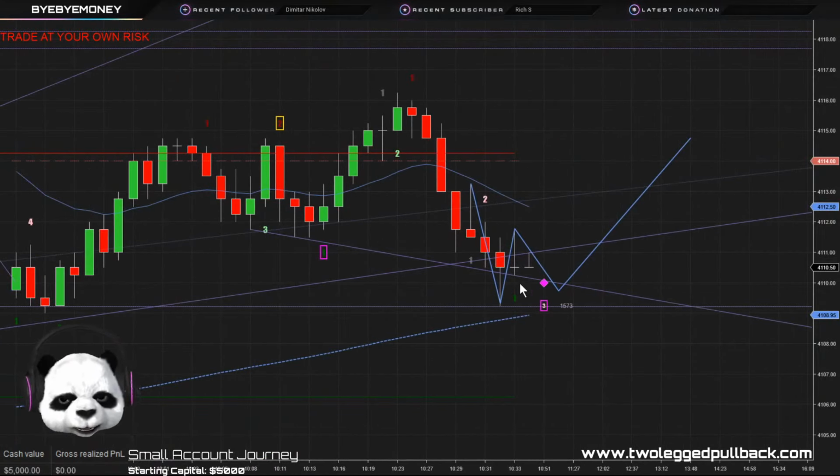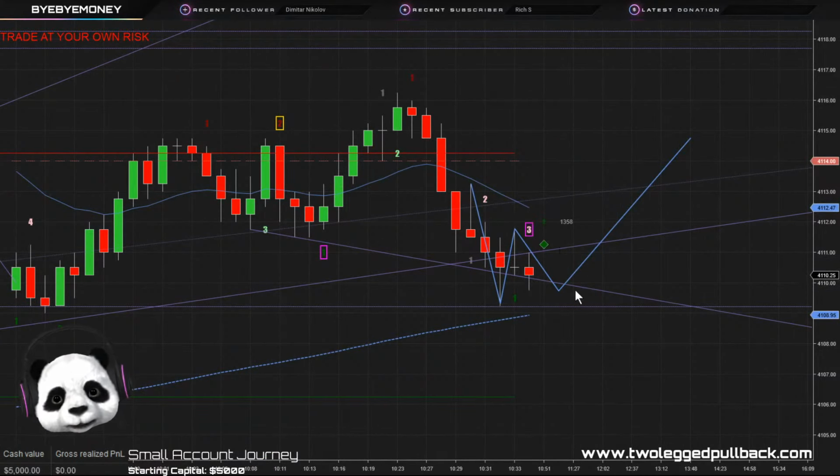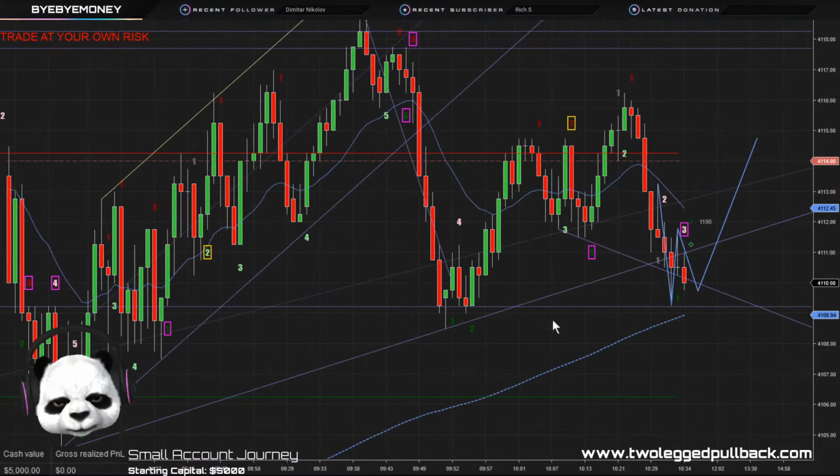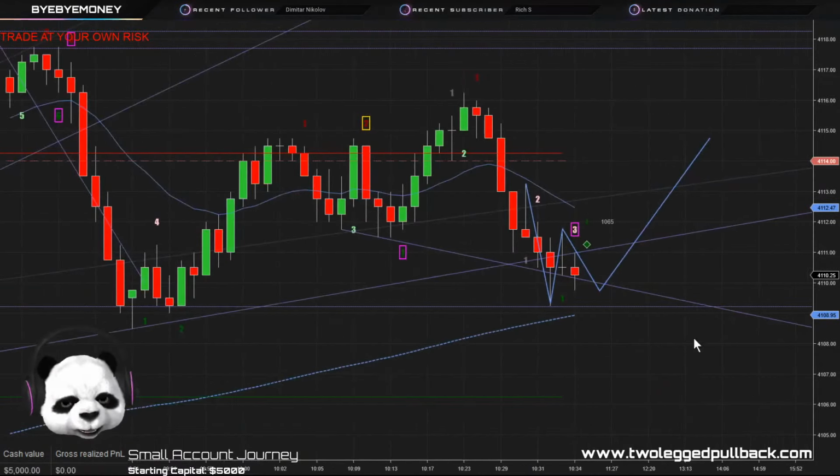I'm gonna zoom in so you can see it closer. We have a higher low second entry setup potentially here, and off the wedge, and also off this uptrend here. But also we have this trading range where it typically acts as magnets, and so you just got a lot of conflicting things.